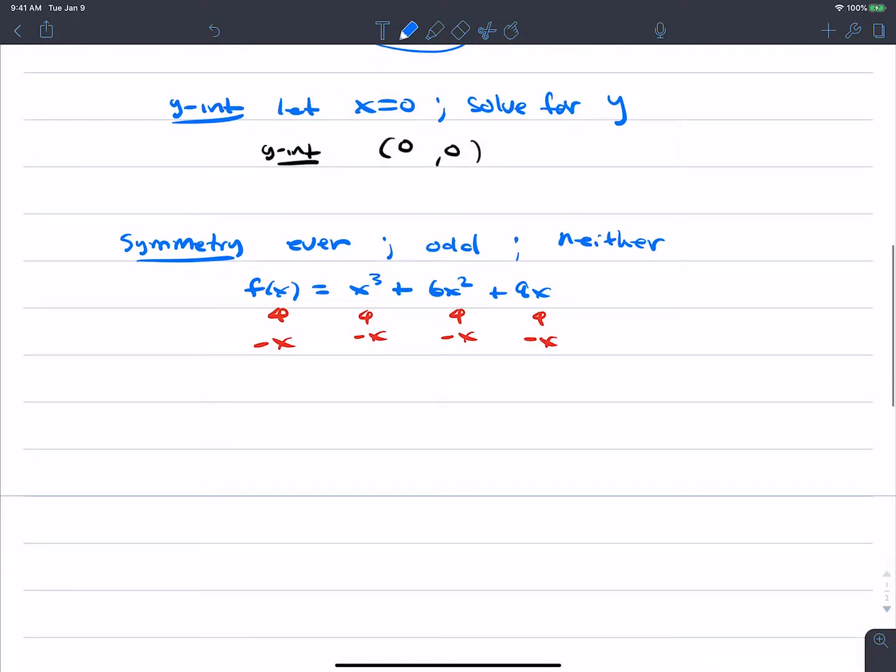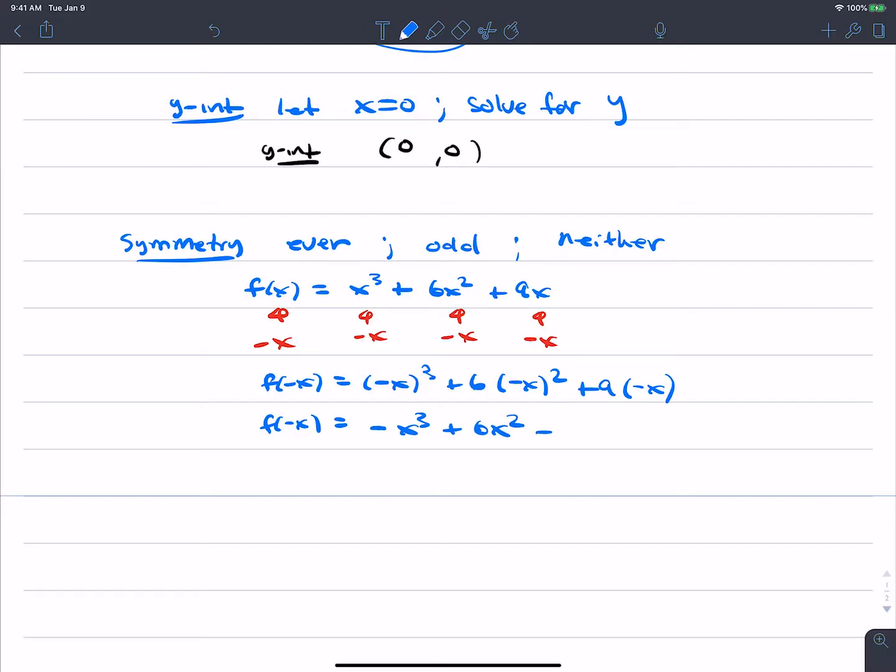And you end up with f of minus x being negative x cubed plus 6 times negative x squared plus 9 times negative x. So f of negative x gives you negative x cubed. This is going to be actually what? Yeah, it'll be positive 6x squared, right? And this will be minus 9x.